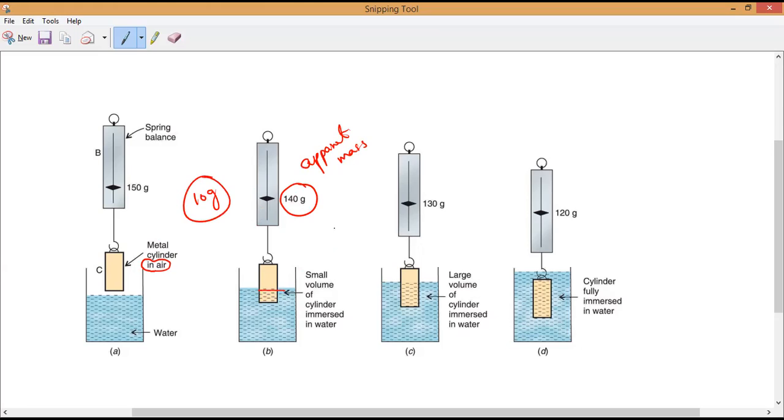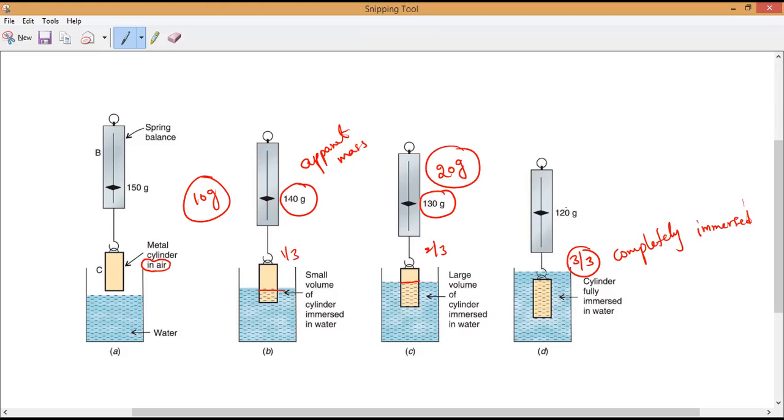Now, if the object is immersed 1/3 here, 2/3 here, and 3/3 here, that means fully, completely immersed. If you notice, from 1/3 to 2/3, the loss of mass is how much, Abhirami? 20 grams.